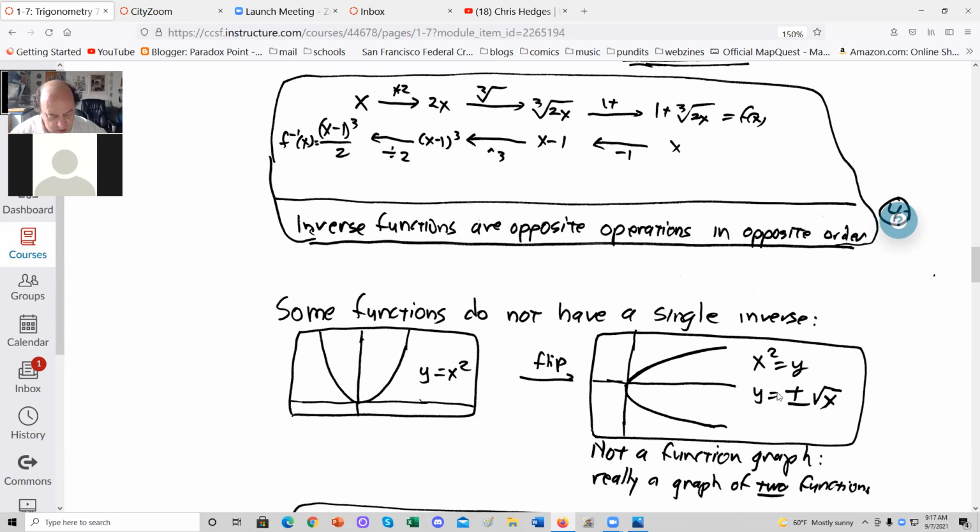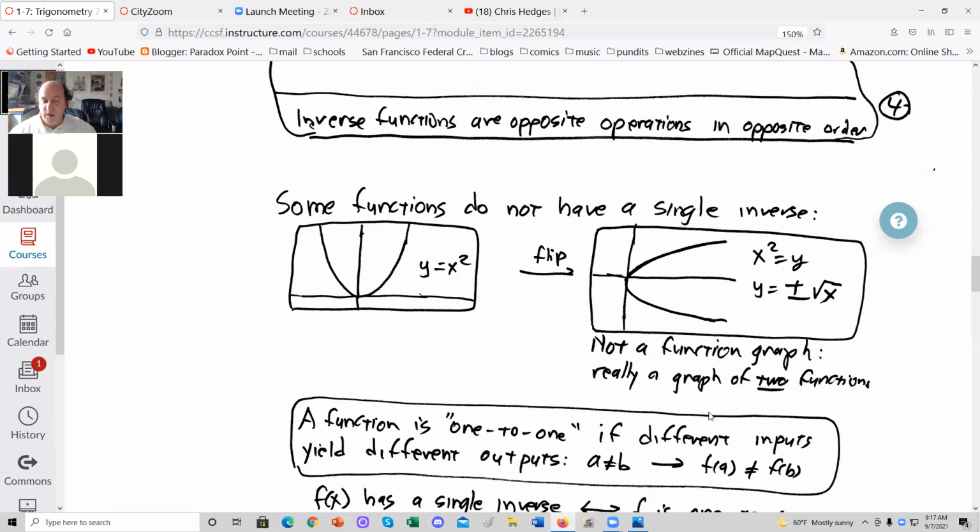Y squared equals x. Okay, this should be y squared equals x, so y equals plus or minus root x. Note the plus or minus. There's two functions, y equals plus root x and y equals minus root x. So it's really not a single inverse, it's a graph of two inverses.